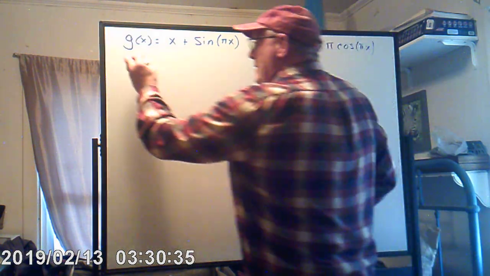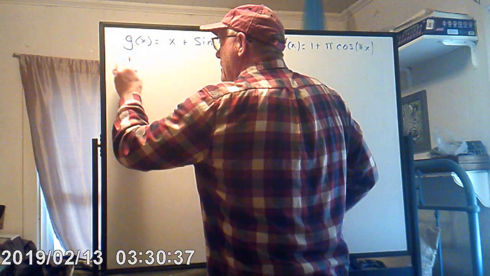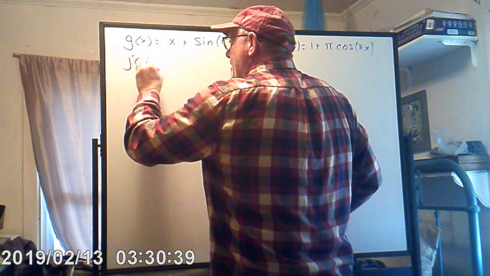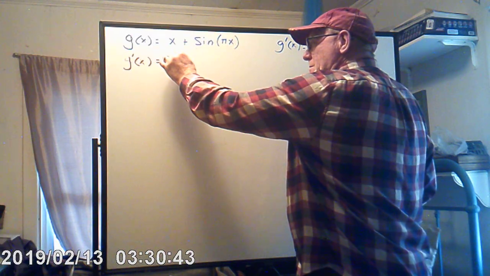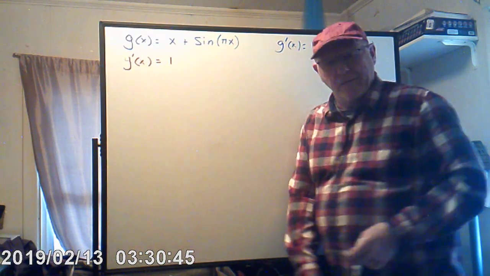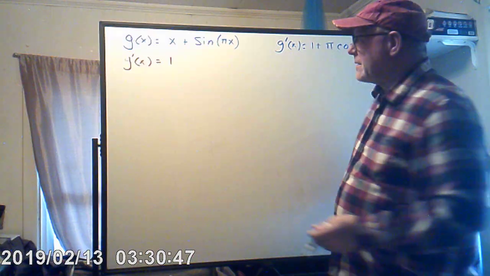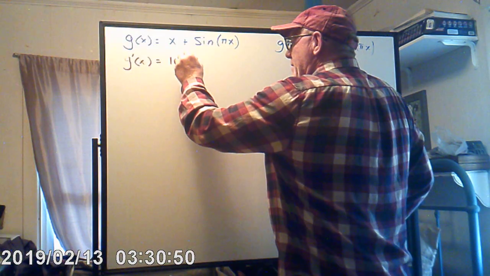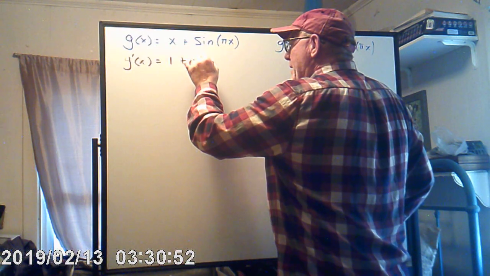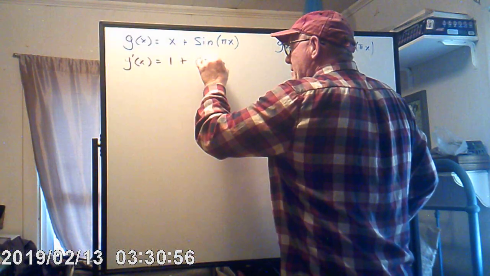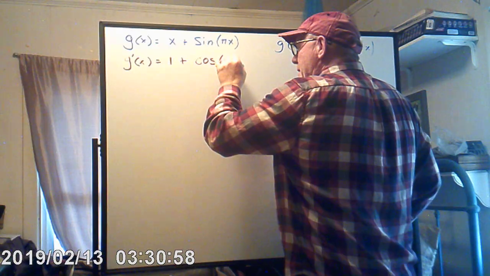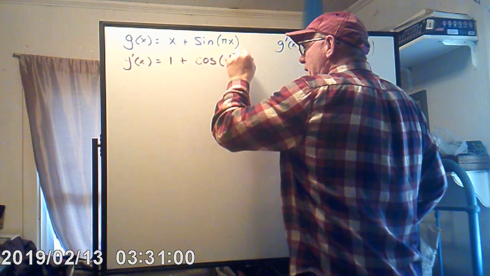g prime at x. I hope you can see that brown. The derivative of x is just 1. The derivative of sine is cosine, so first you take the cosine, and then you leave this pi x alone.